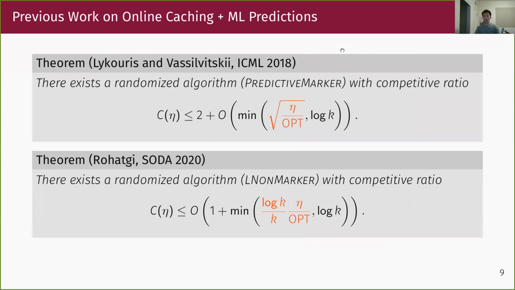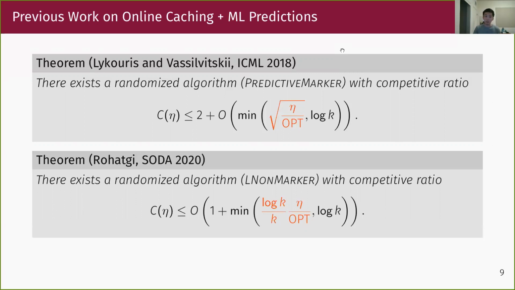Along with introducing the problem, Lykouris and Vassilvitskii also give a first algorithm for online caching with predictions. They show that there exists a randomized algorithm, which they call predictive marker, that achieves a competitive ratio of the min of log k, which is the optimal worst case competitive ratio, and square root of eta over opt.